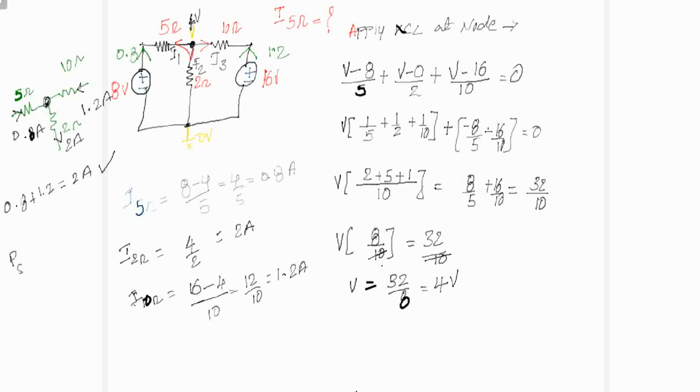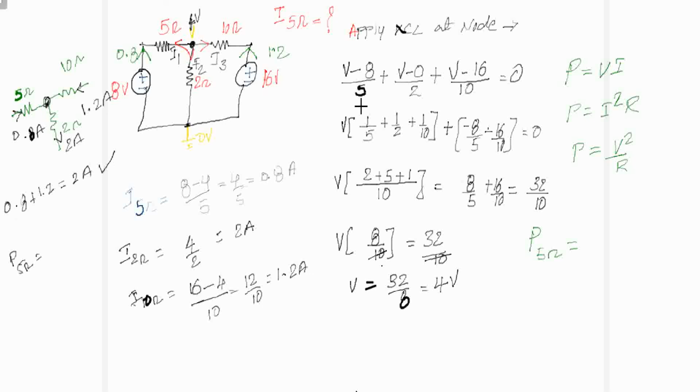the power absorbed by 5 ohms, what is the equation for power? Power is equal to V into I, or power is equal to I square into R, or power is equal to V square by R. Always the power is absorbed by passive elements.